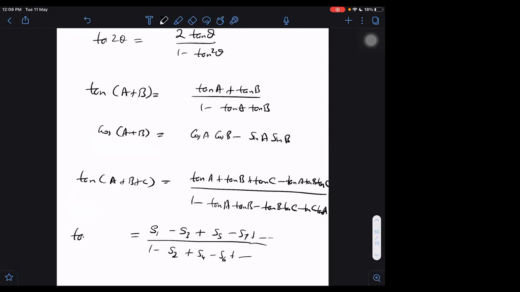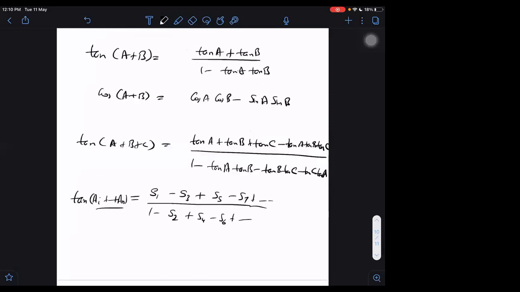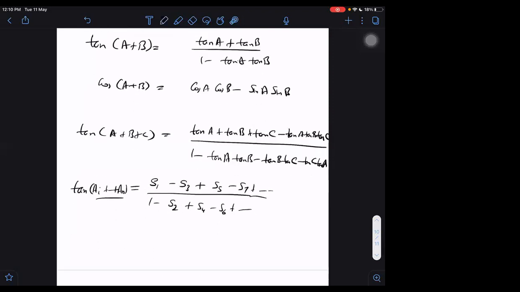If tan A_i up to n terms are there, then in general, this will be the formula.